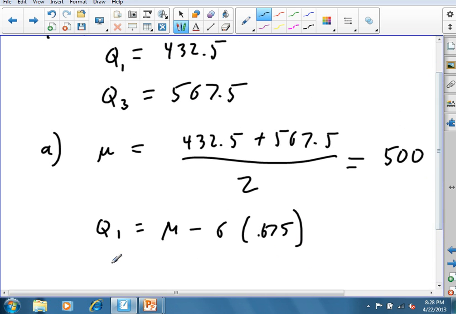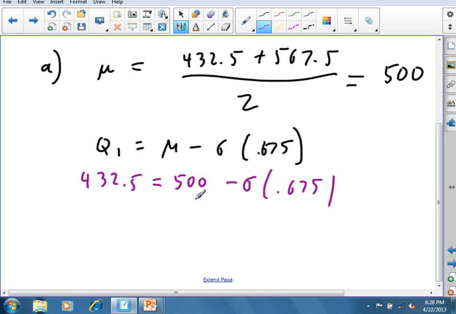So I know that Q1 is 432.5. I know that the mean is 500. I know that my standard deviation is multiplied by 0.675. 500 goes on the other side. I get minus 67.5. And then I'm going to divide that by minus 0.675.